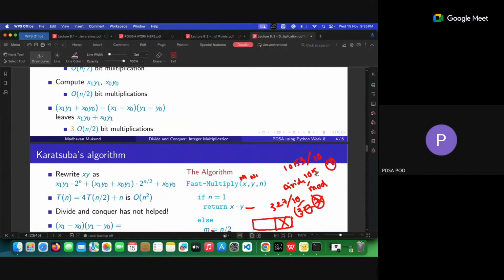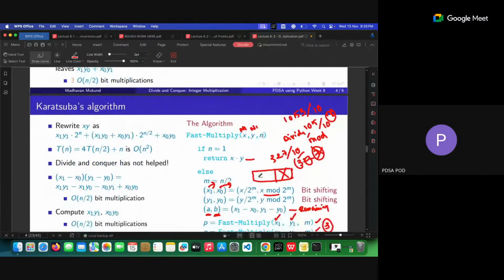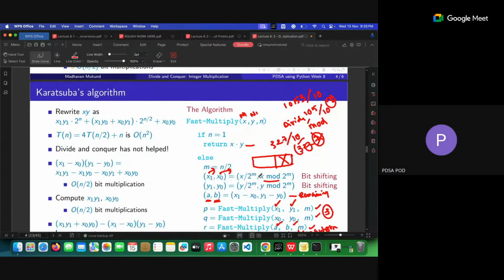Then 105 again, you divide by 10 because it is a recursion call. The fast multiply is called again with the same number, so that 5 is already gone. So every time the participated digit is subtracted, we get a reduced one.